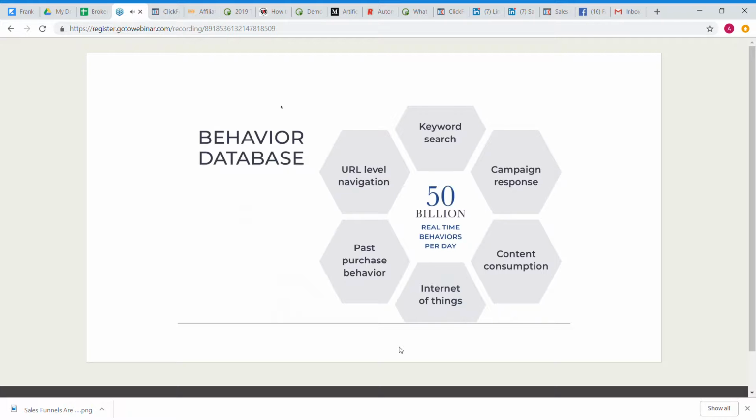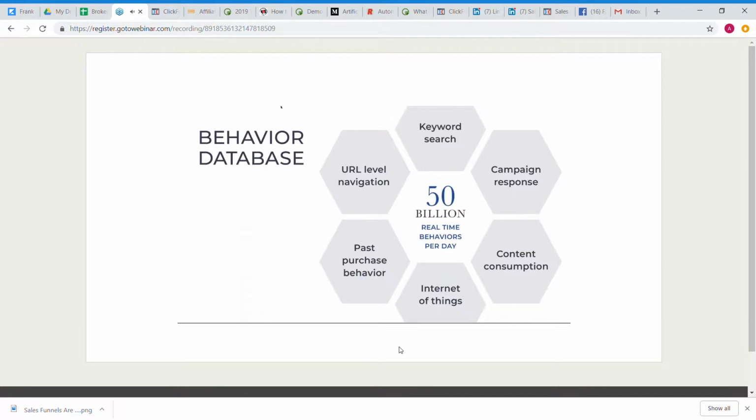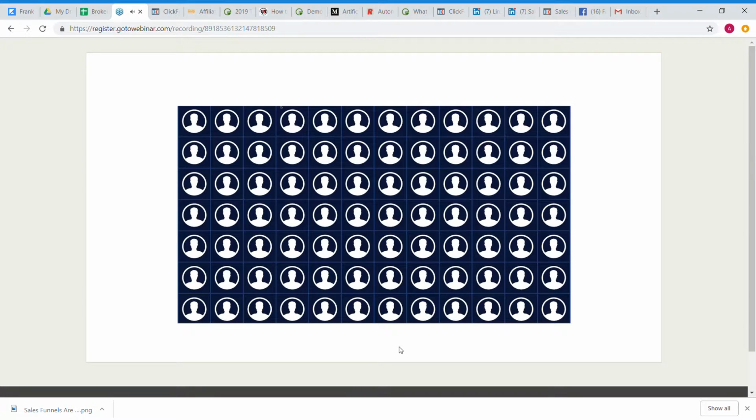Keyword search level, campaign response, content consumption, what it allows us to do is to attach the behavior to the individual that matches the buying behavior of previous buyers. Okay? And what it allows us to do is predict, when you look out into the anonymous, who's in market.